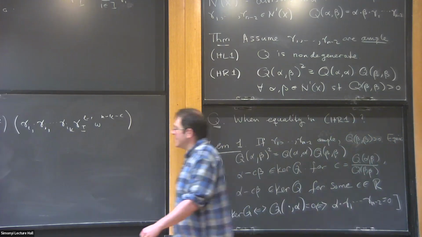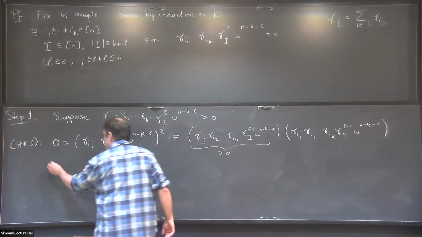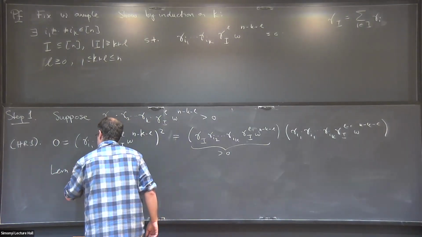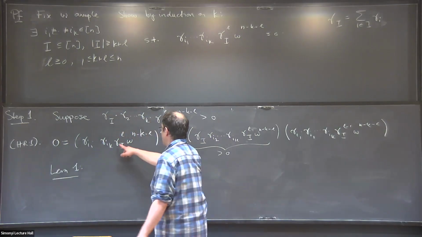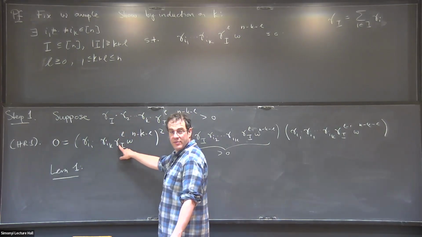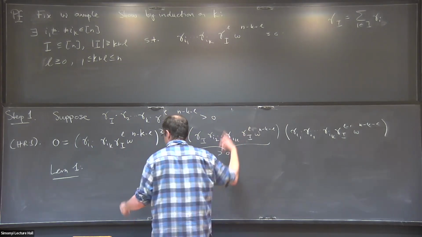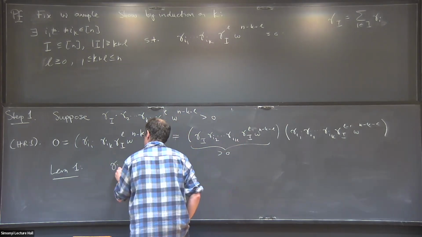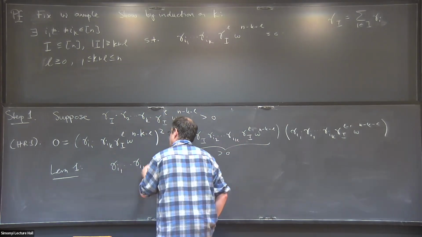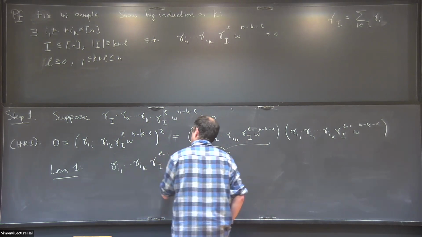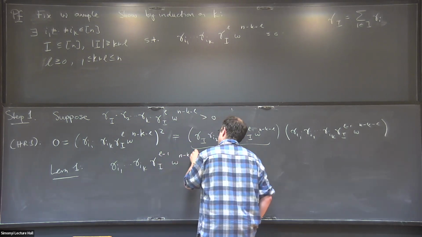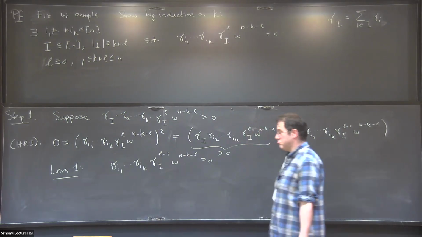So what this is saying, by applying lemma 1, is that we can replace one of the gamma i's. So we get that this is in the kernel of the quadratic form. It just says that gamma I1, gamma IK, gamma I to the L minus 1 equals 0.